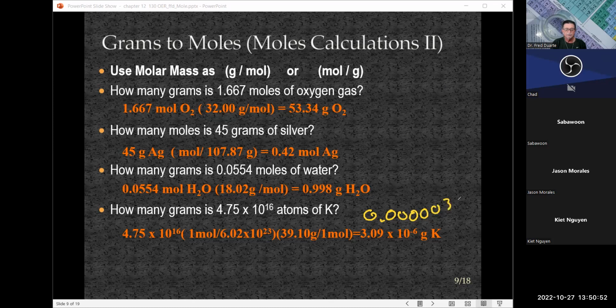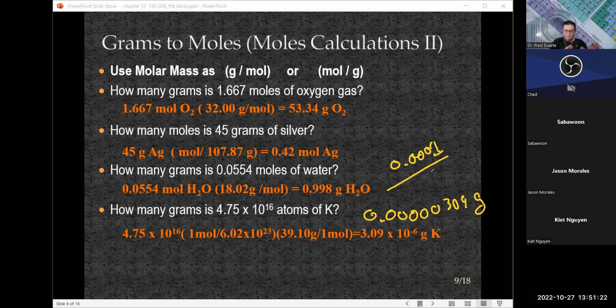Written down longhand, extremely tiny. Most analytical balances in the lab that we have generally read to the thousandths place, so that one would be difficult to measure. It's not impossible to measure, but not with the majority of tools that we have out there.